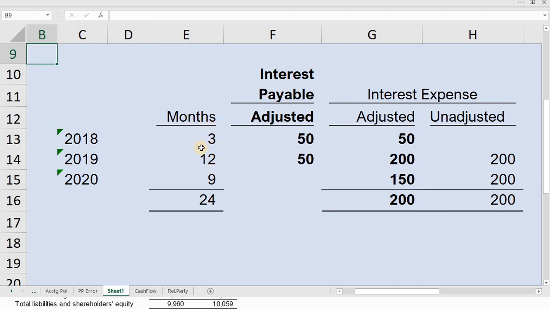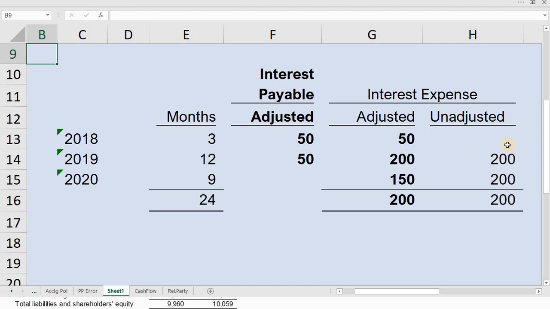In 2019, we have 12 months, and in 2020, we have 9 months, which is until October 1, 2020, the maturity date. So, based on the problem, the entity records interest upon payment, and since the first payment is in 2019, it means that the interest paid in 2019 is 200 pesos.